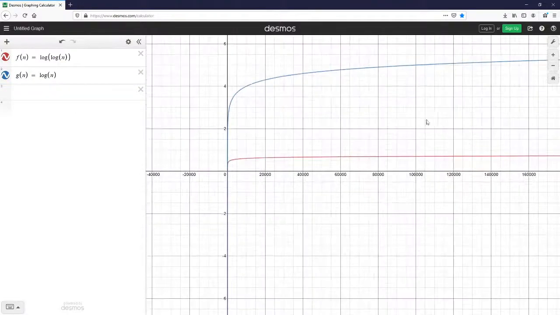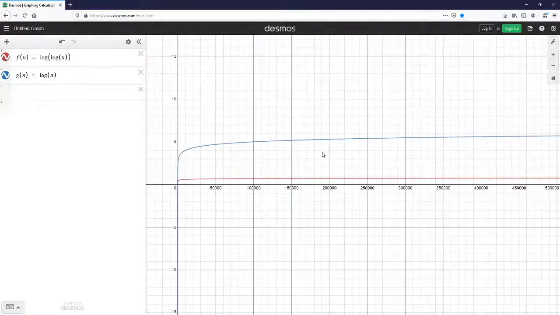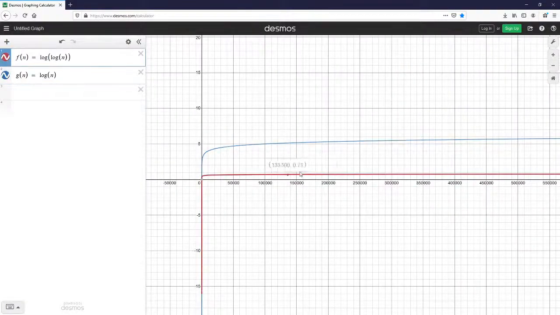So log grows really slowly, but if you notice, log looks almost flat, right? Here is log that's growing moderately, and then here is log, which is growing in the thousandths for every 50,000 you add on, at least in the beginning, right?